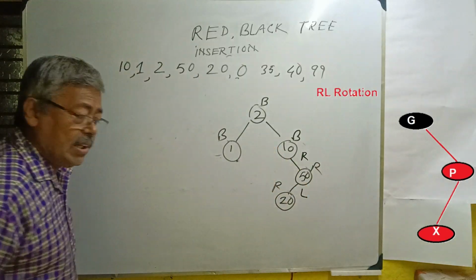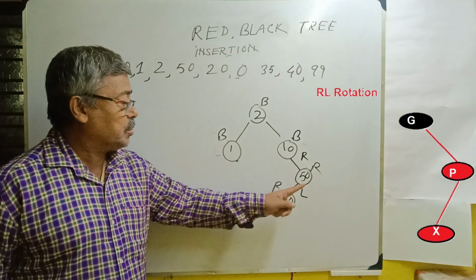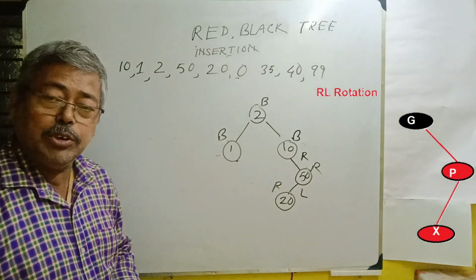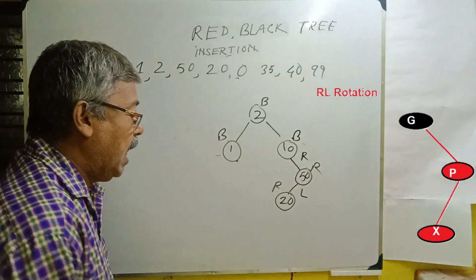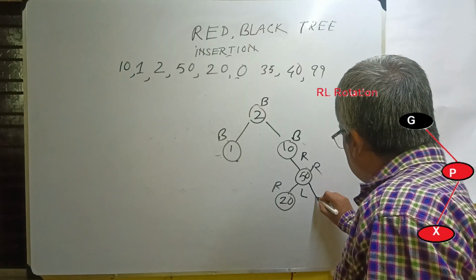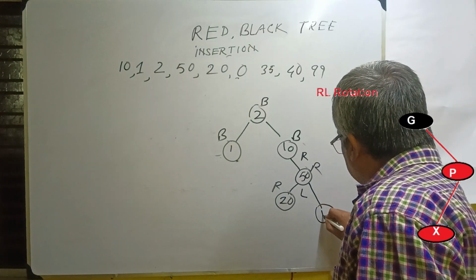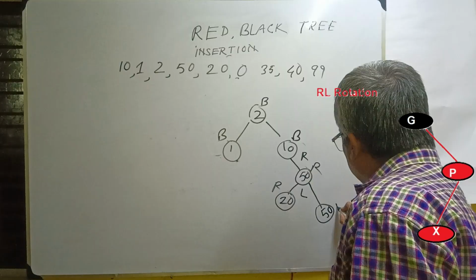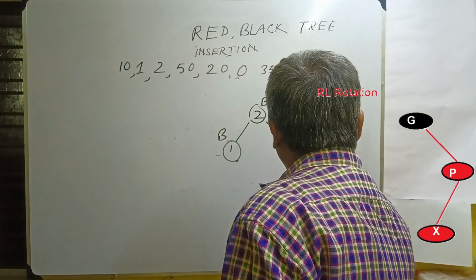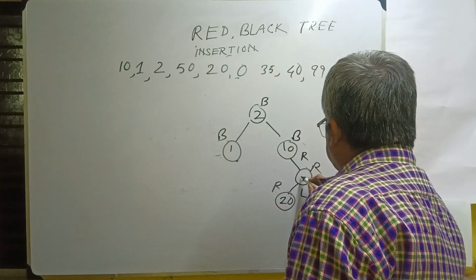RL rotation. First rotation at the lower parts. So 50 and 20 will change their positions. That is, swap the values: 50 will come at the lower position, with color red, and 20 will occupy the position of 50.